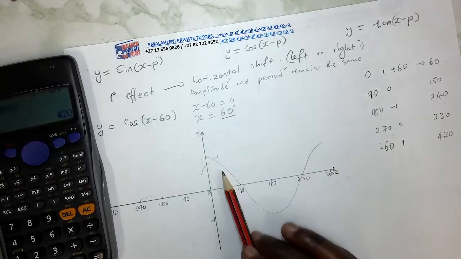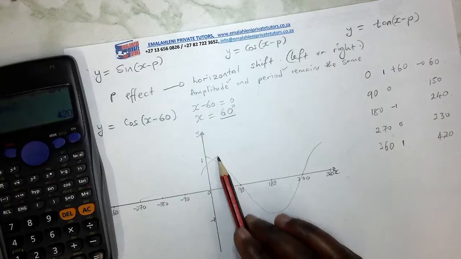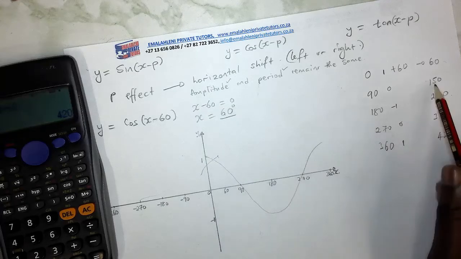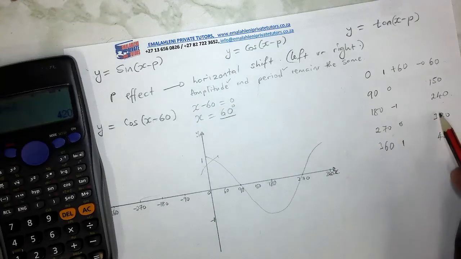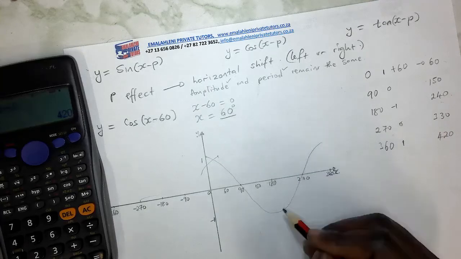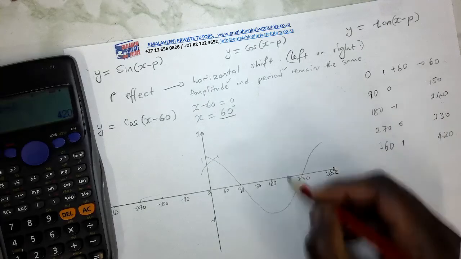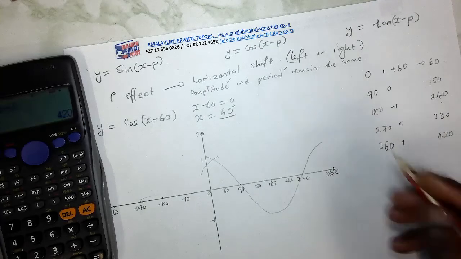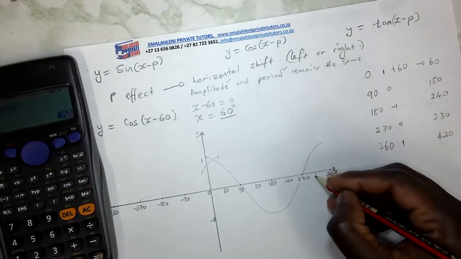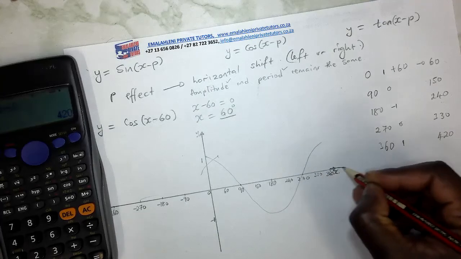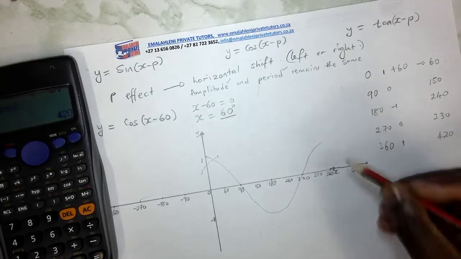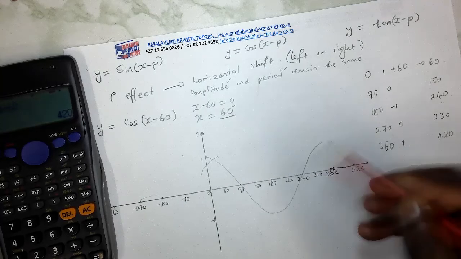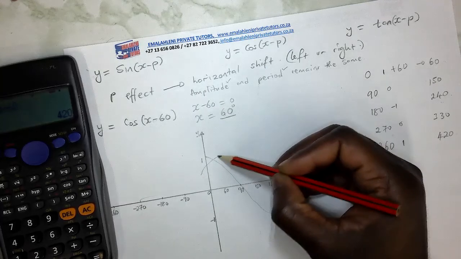Then where does it go now? It's maximum here. And from there it goes down, we have got 150 here. Then we have got 240, then 330, then allow me to extend this to 420. So now we draw the graph nicely.